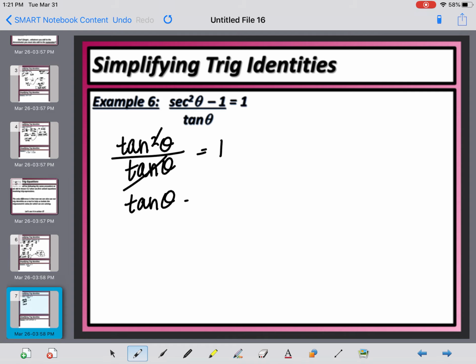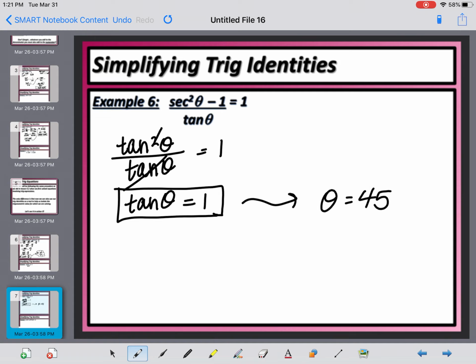That was a very quick one to get me to my equation. So now on my trig chart, I'm going to go in the tangent row and I'm going to look for positive 1. So the first angle that comes up is 45, and the second one is 225. Okay, that was a nice easy one.